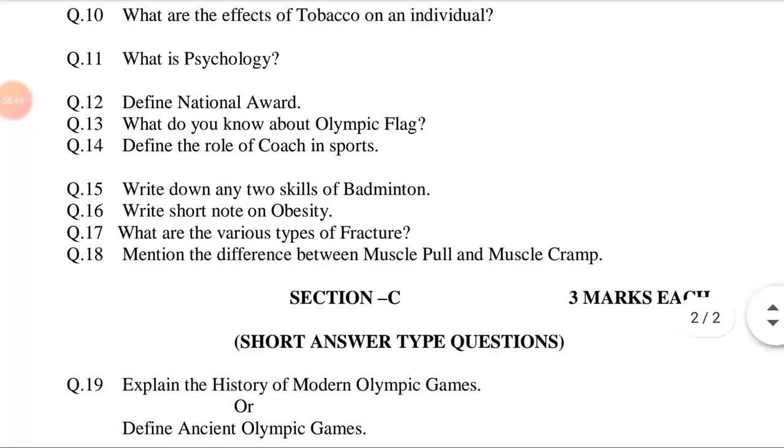Question number 14. Define the role of coach in sports. This question is related to chapter number 6, Concept of Major Games and Sports. Role means part, character, capacity, position.